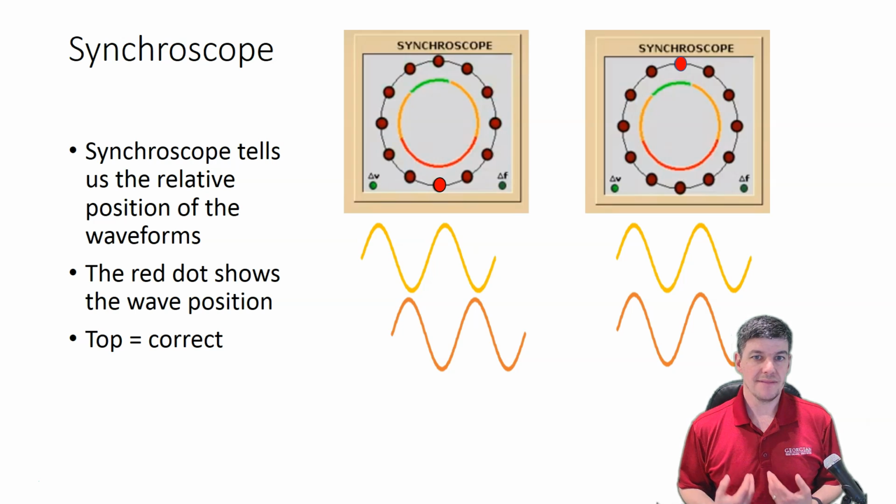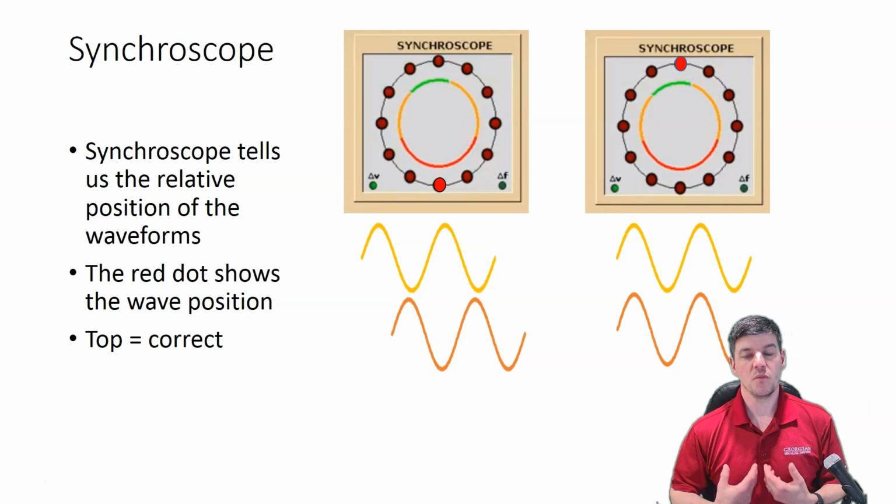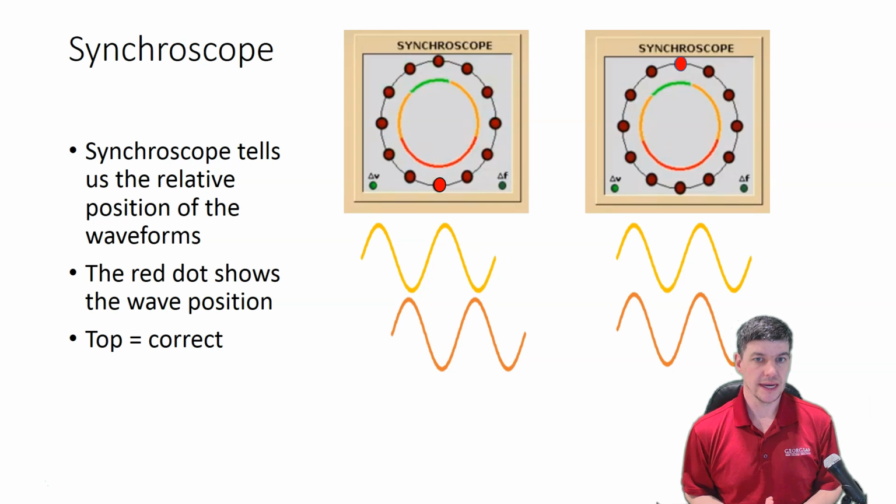So when we have that red dot that makes its way to the top of the Synchroscope, and it's done it by moving in a clockwise direction through the Synchroscope, that's where we want to connect the breaker in order to connect our generator to our electrical system. Why don't we take a look at that as a little demo with the simulator and give it a try.